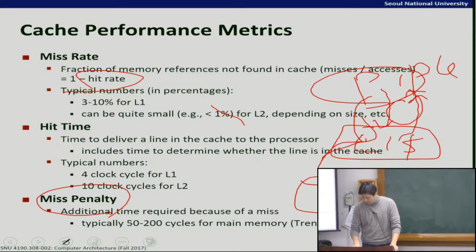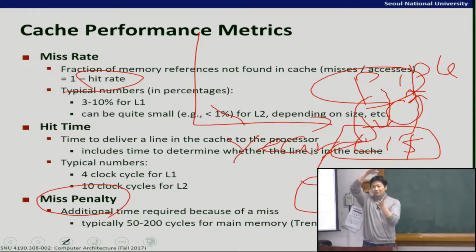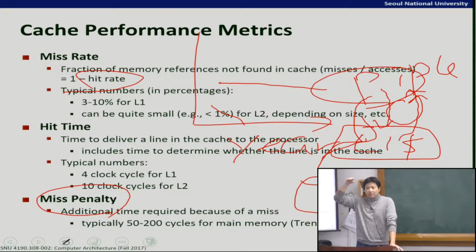The X-axis was year, and the Y-axis was the access time for different devices, like disk, DRAM, SRAM, and so on, right? And if you remember, the DRAM trend curve was decreasing, but very slowly. It's relatively stagnant, very flat.